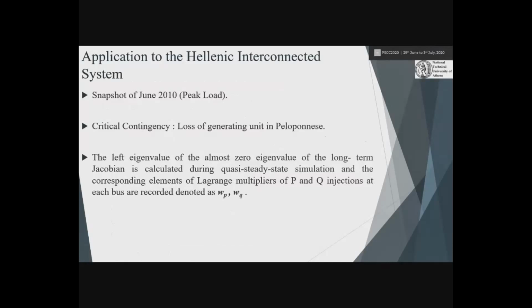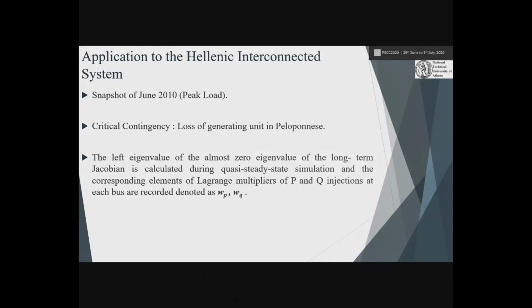The proposed control scheme is then implemented in the Hellenic interconnected system for a specific snapshot taken by the state estimator for June 2010, where a peak load was observed, and the voltage security assessment showed that for a loss of a generating unit in the Peloponnesian area, the system would become insecure.